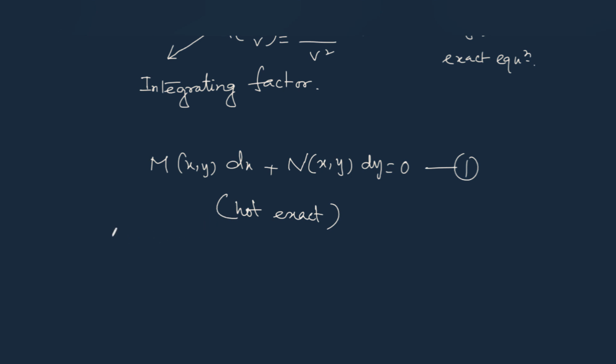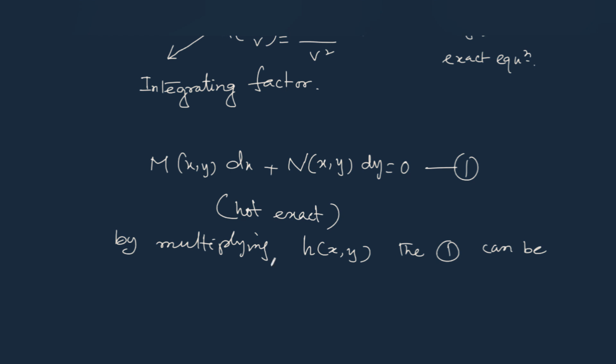So by multiplying, let's say, h of xy, the equation can be made exact. Then h is called an integrating factor.